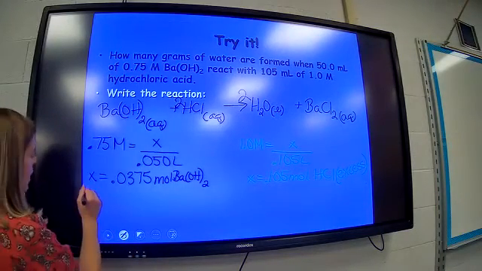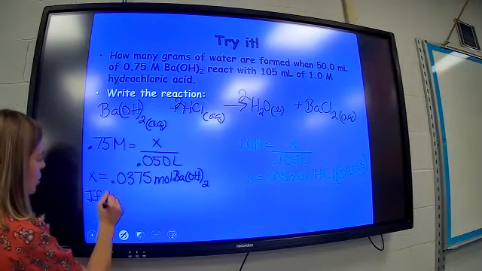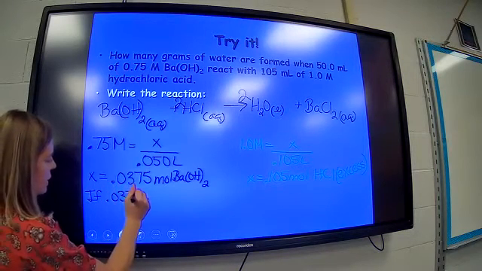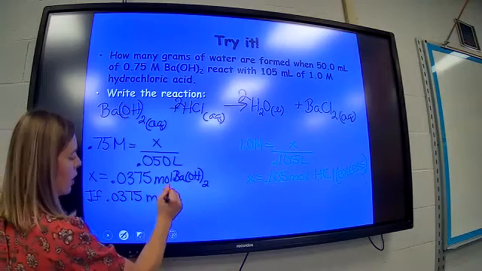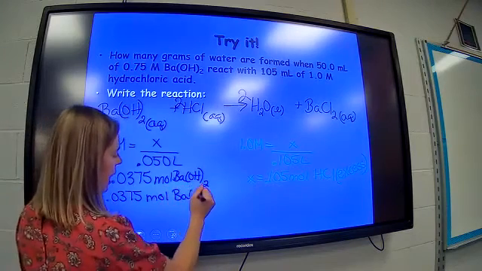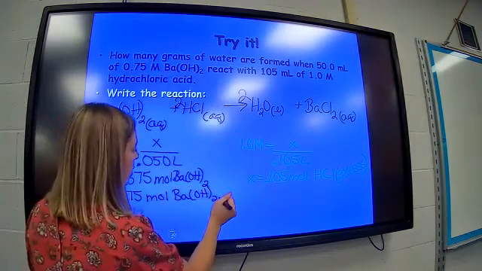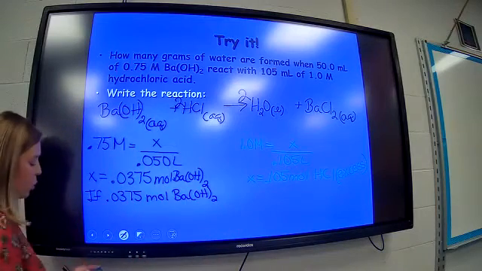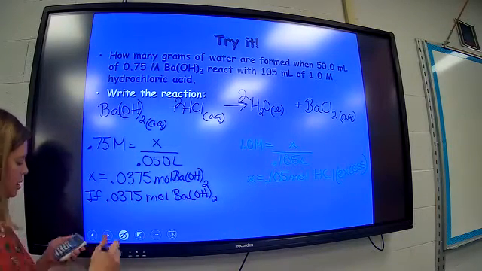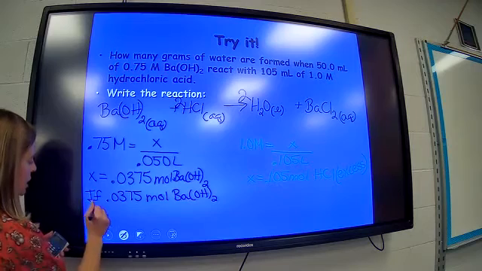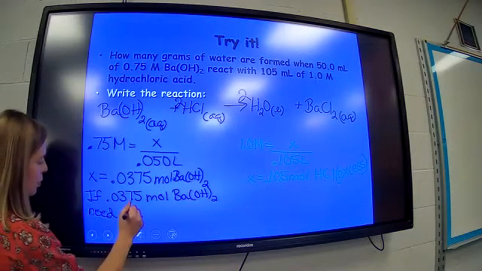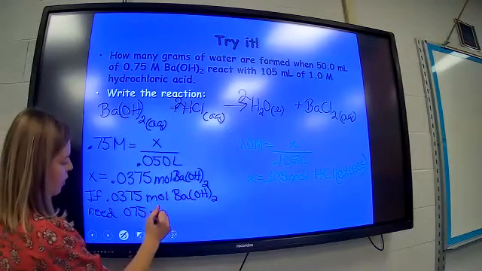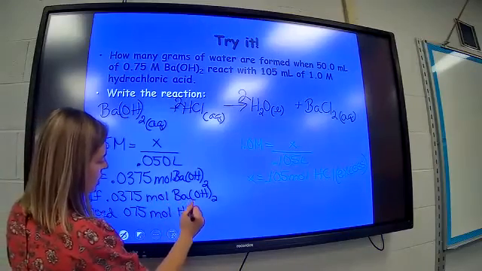So then I could say if 0.0375 moles of barium hydroxide react, that would require double that. I would need 0.075 moles of HCl.